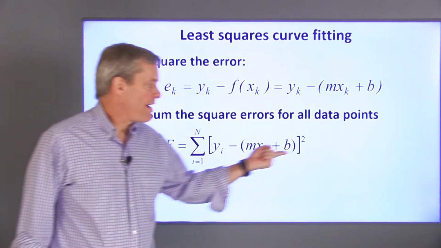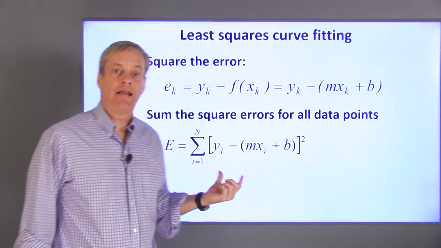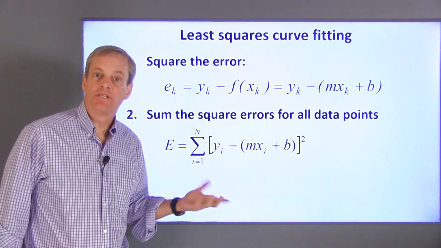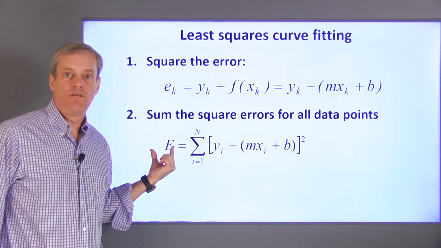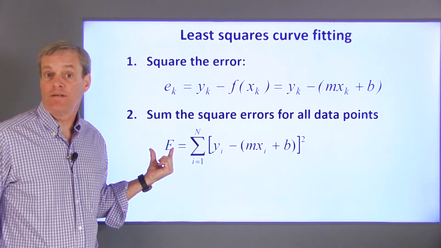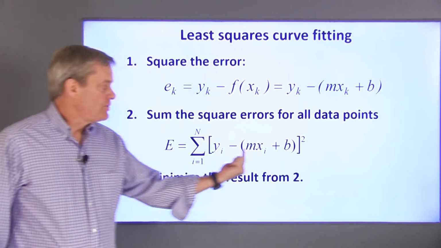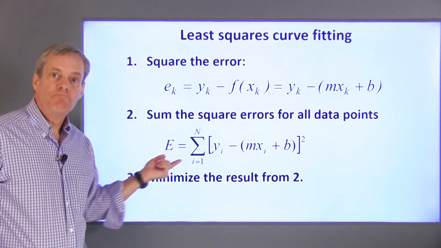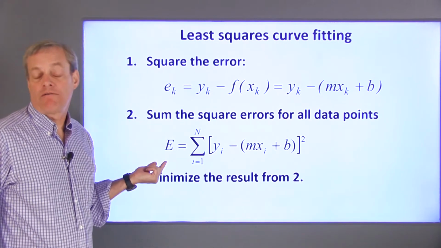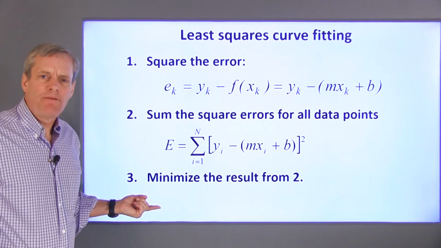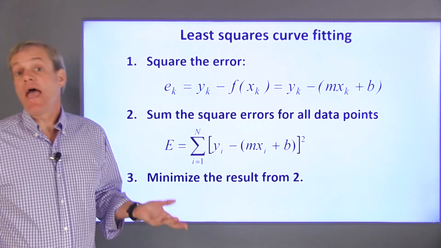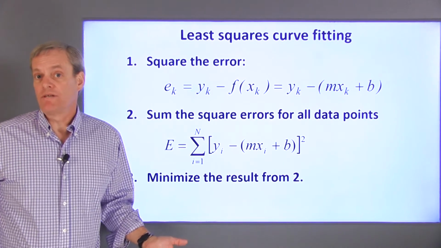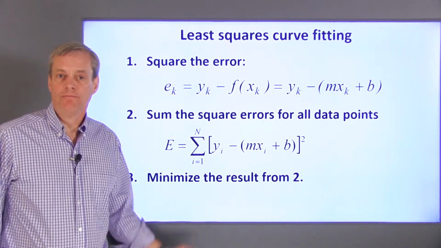Then square this error at each data point and add up all of these contributions to get an overall error between all the data points and the curve fit. Finally, choose values of m and b for this straight line, which minimizes this overall error, capital E. This step is mathematically kind of tedious, and Matlab will do the work for us, so I'll gloss over the details here.